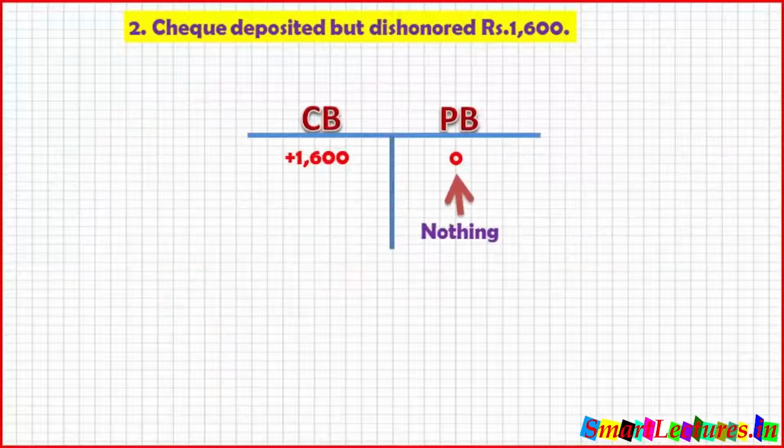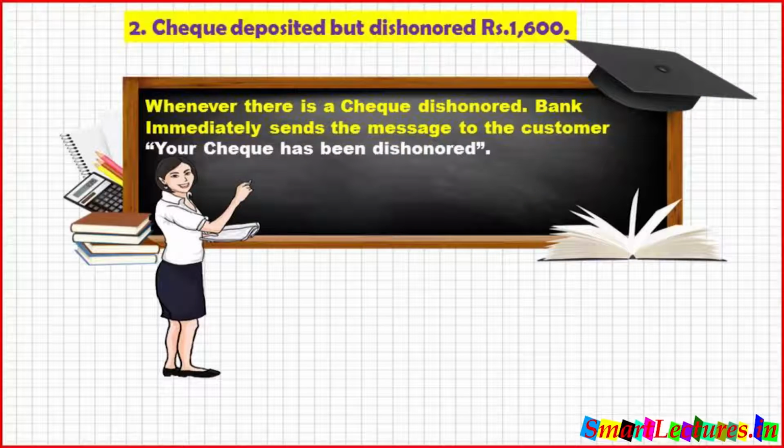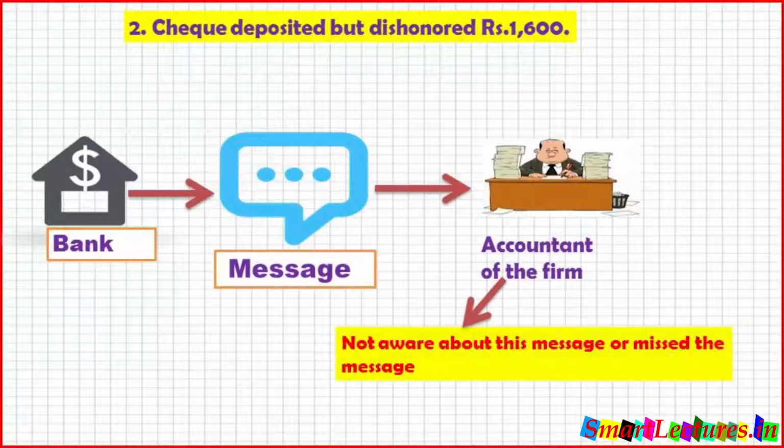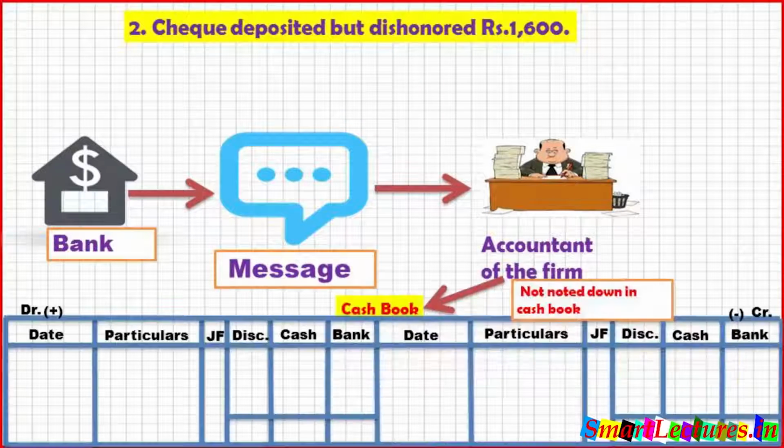Passbook was showing nothing, but cash book was showing plus 1,600. Just let me tell you, whenever there is check dishonored, bank immediately sends the message to the customer that your check has been dishonored. So we can safely assume that the bank sent the message, but the accountant of the firm missed this very important message, and it was not noted down in the cash book. So this was the reason of difference.